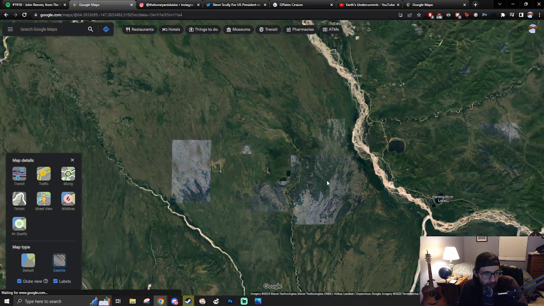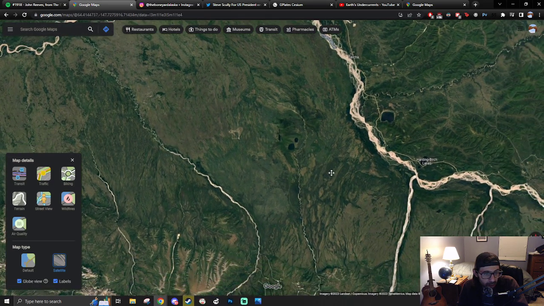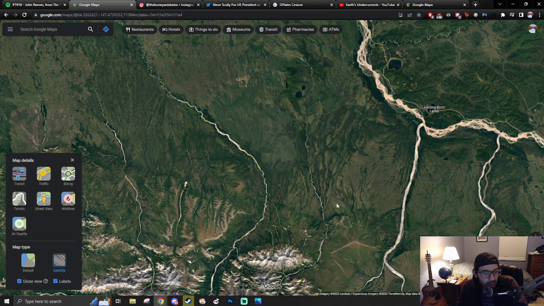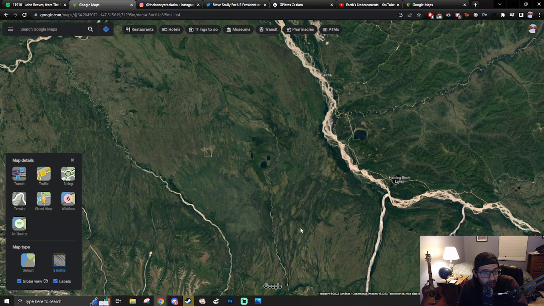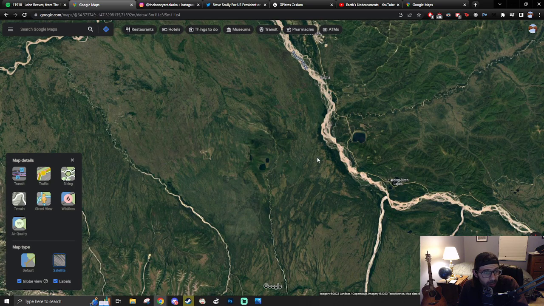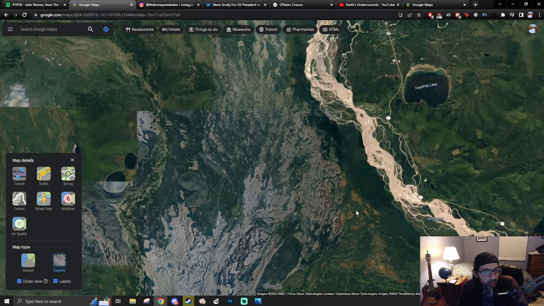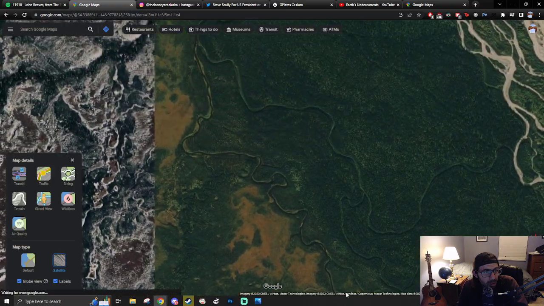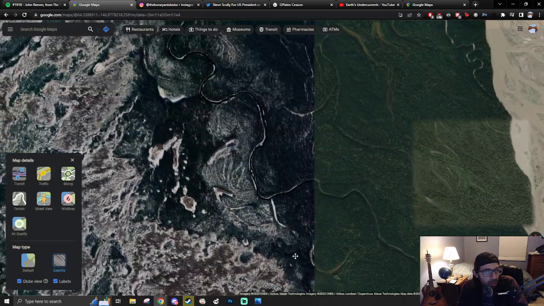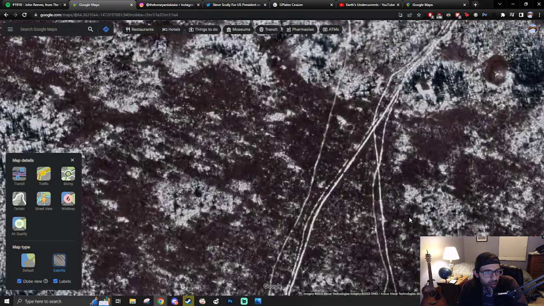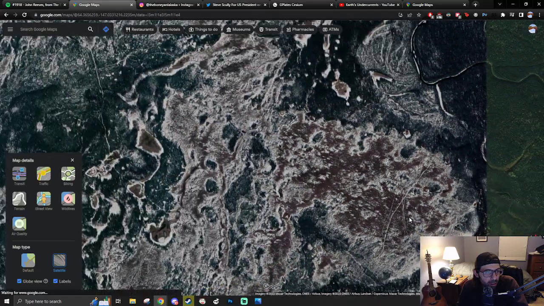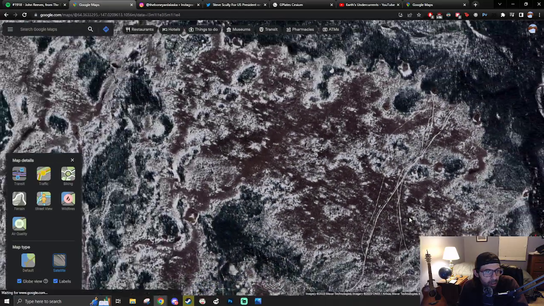Hard to say with that coloration. Coming in this way and then hitting resistance. What in the... Whoa.